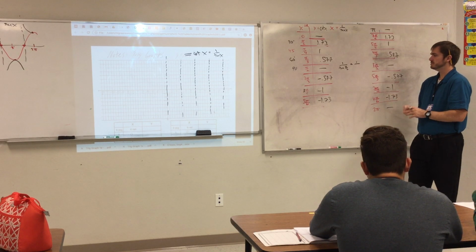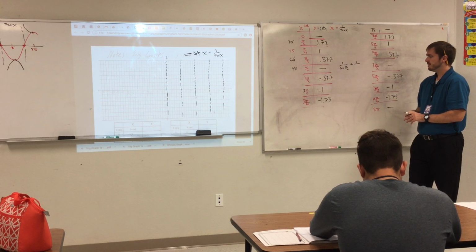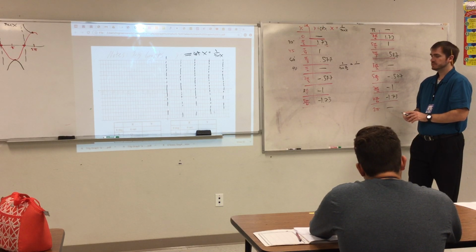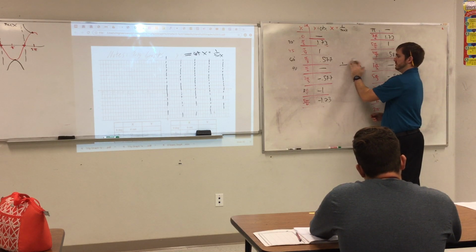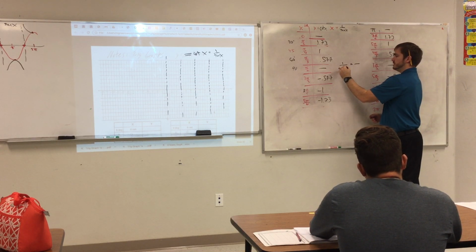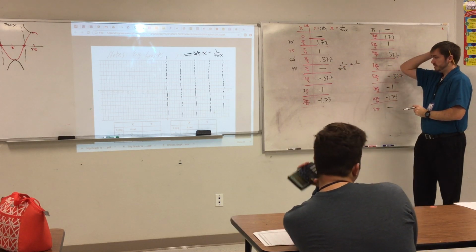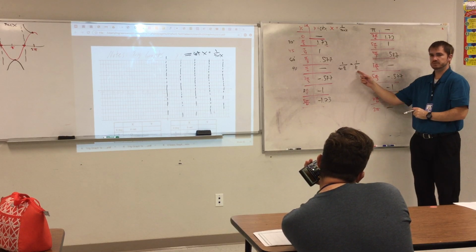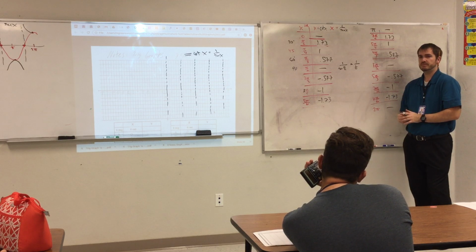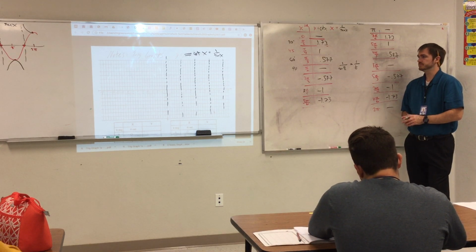It says error. That's 1 over 0. Because tangent of pi over 2 is 1 over 0. How did you figure that out though? Because on the circle, the y is 1 and the x is 0 for pi over 2.